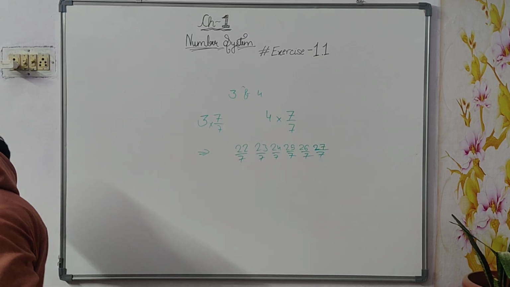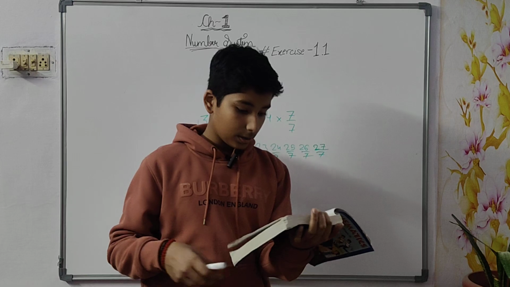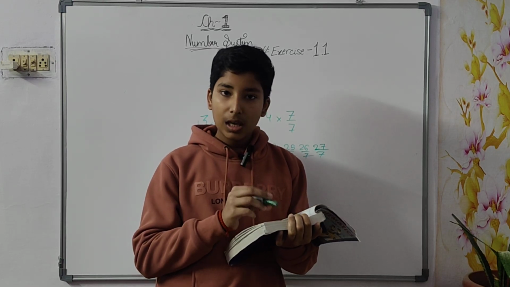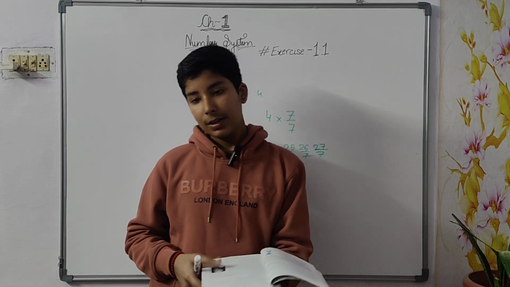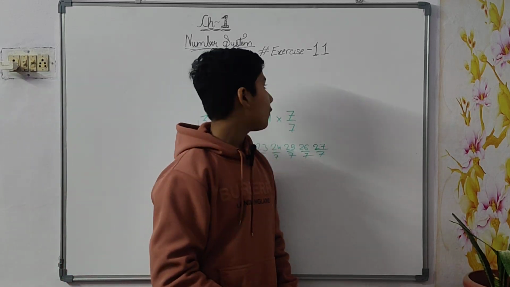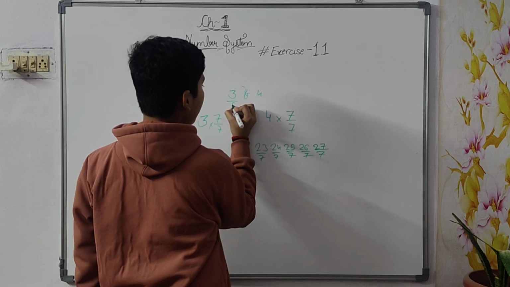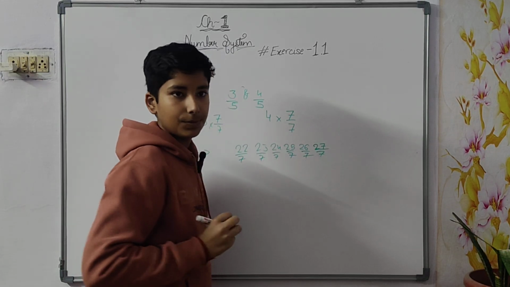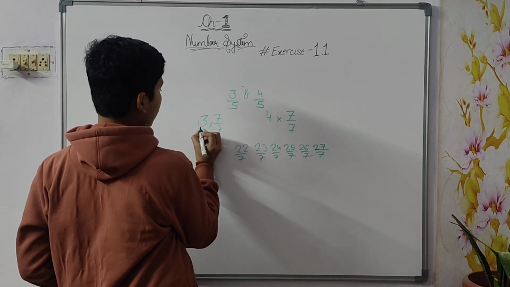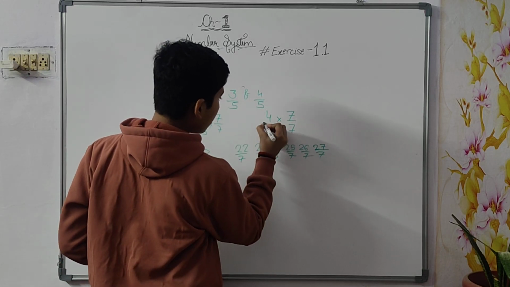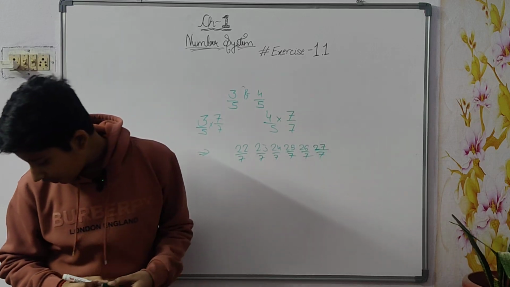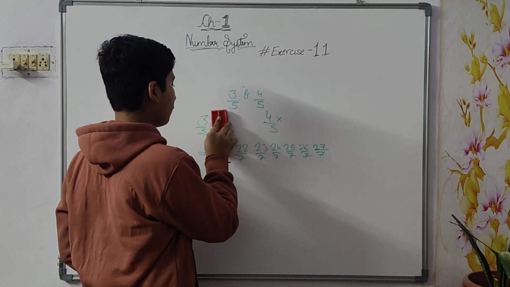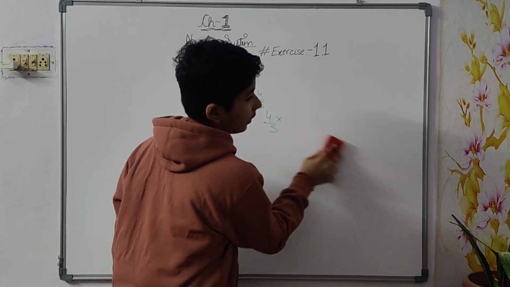Now, we will come to our next question, which is saying find 5 rational numbers between 3 by 5 and 4 by 5. See, they are already in the form of P by Q. 3 by 5 and 4 by 5. So we will multiply 3 by 5 and 4 by 5, and not by 7 by 7.